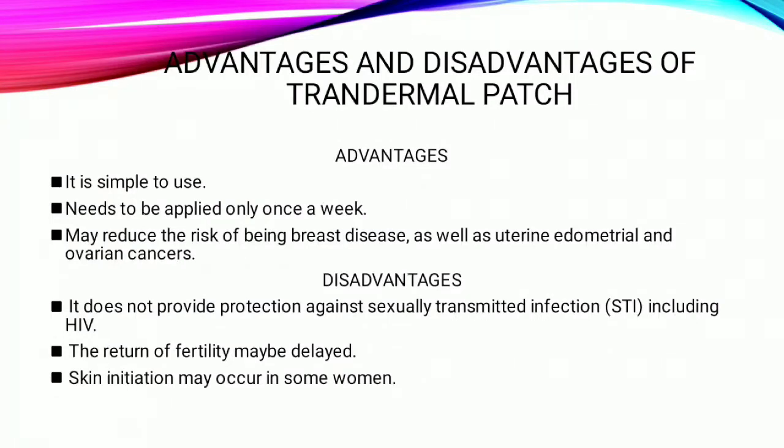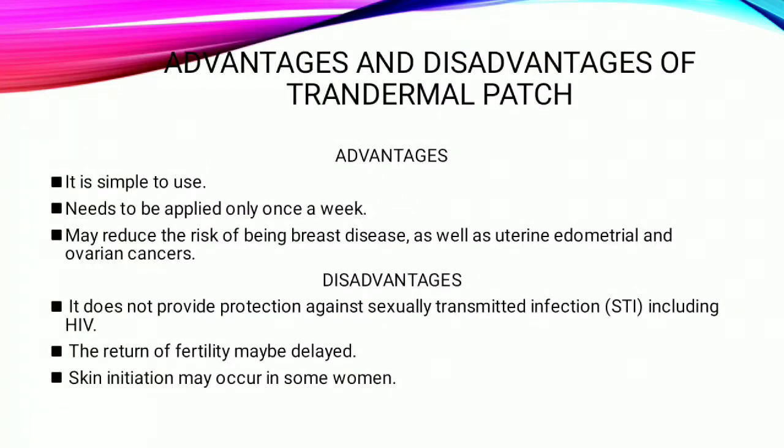So, these are also the disadvantages of transdermal patch. It does not provide protection against sexually transmitted infections or STI, including HIV, and must be prescribed by a healthcare provider. The return of fertility may be delayed by up to 2 months after stopping the use of the patch.